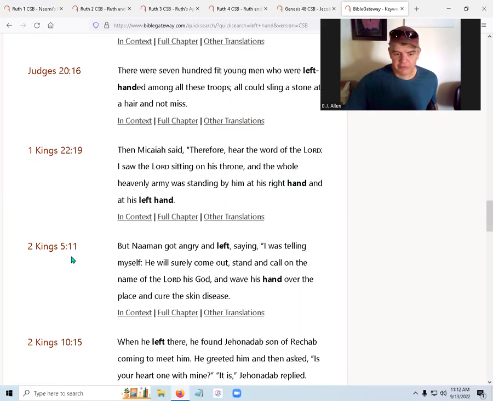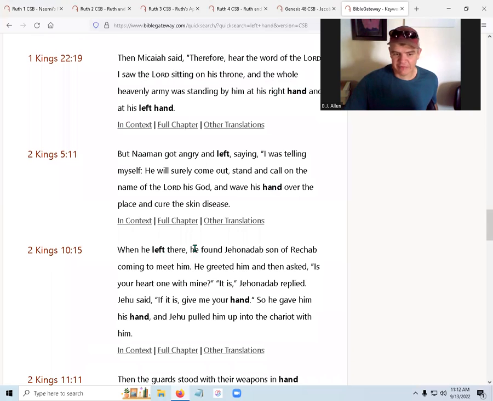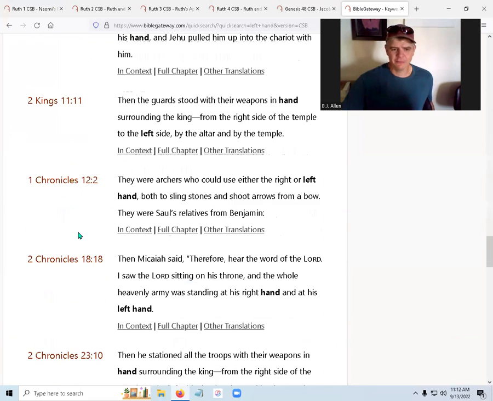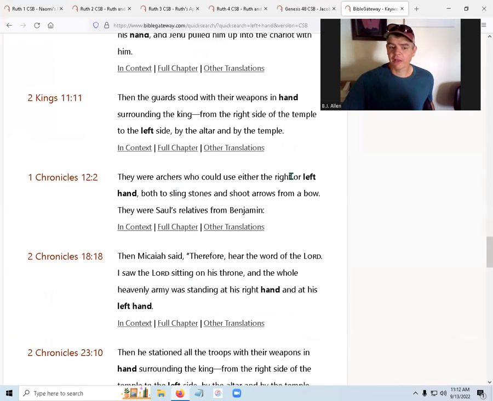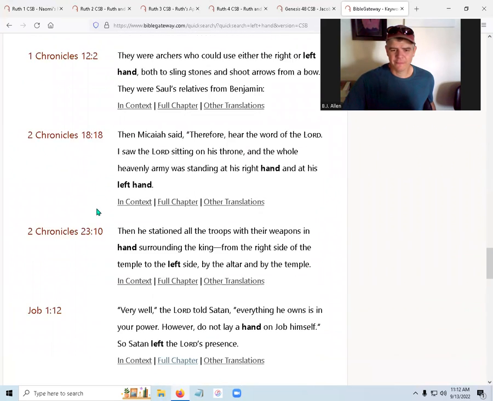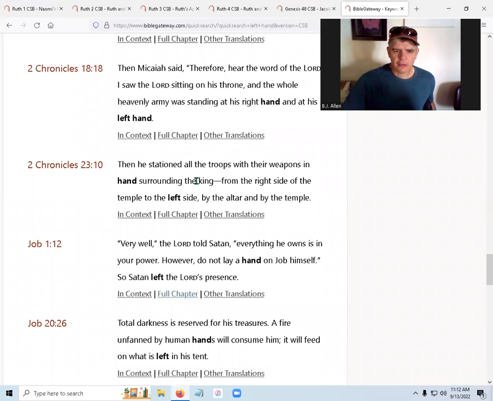Naaman got angry and left. Not the right side of the temple to the left side of the temple. So not on just the left side, but from the right to the left. Okay. Archers who could use both the right or left hand. So far, just Ehud. All right. Then he stationed all the troops with their weapons in hand surrounding the king from the right side of the temple to the left side.